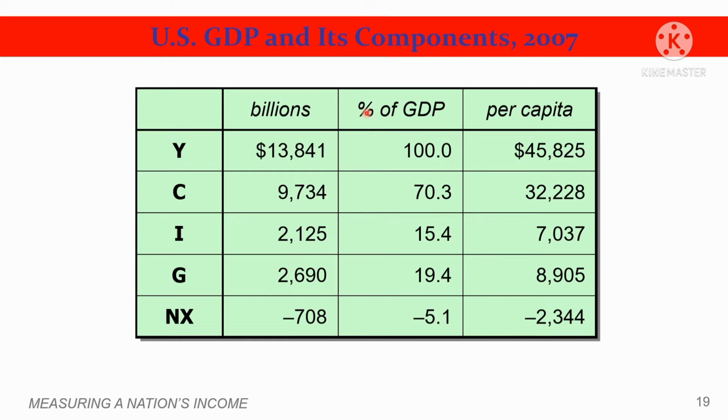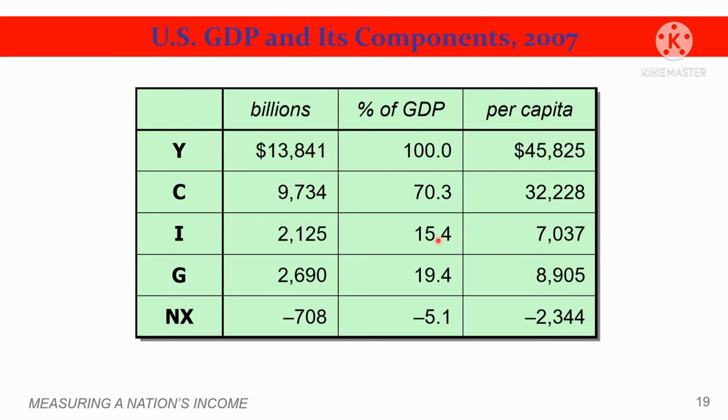So in this table, hindi binigay yung information about population of the country, population of US. So per capita GDP is 45,825. So it is computed by dividing the total GDP, this amount, divided by the total population of US.